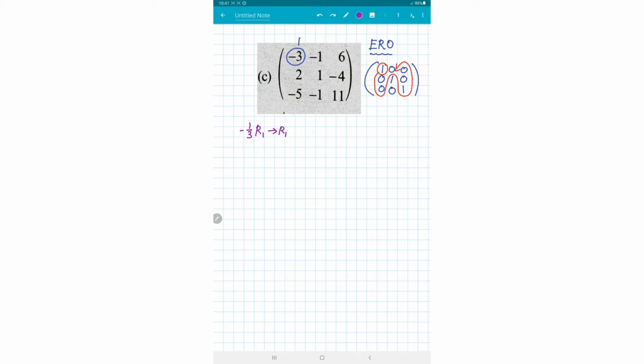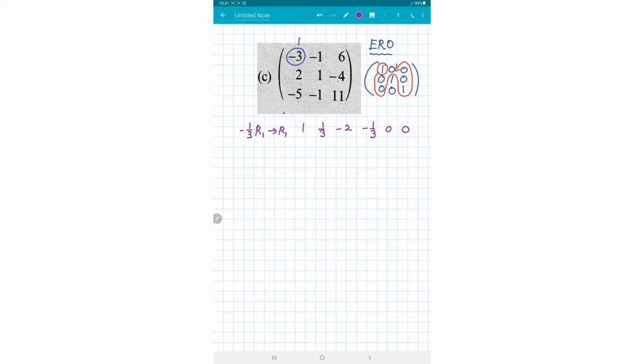So negative 3 times negative 1 over 3 will become 1. This one, 1 over 3, will become negative 2, and this one gets negative 1 over 3, 0, 0.